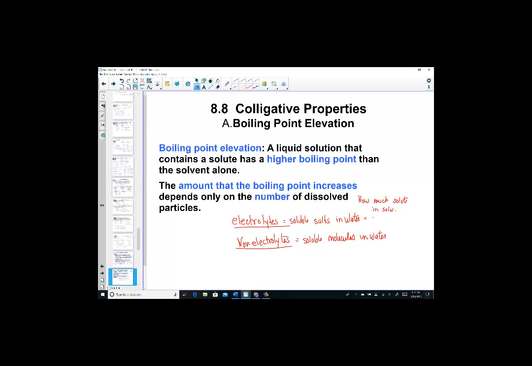Because these soluble salts dissociate, they separate, they give us more particles as they form ions. And we have to count the number of ions when we're looking at the effect on the boiling point. These molecules do not dissociate, do not form ions, do not separate, and stay as just one particle.